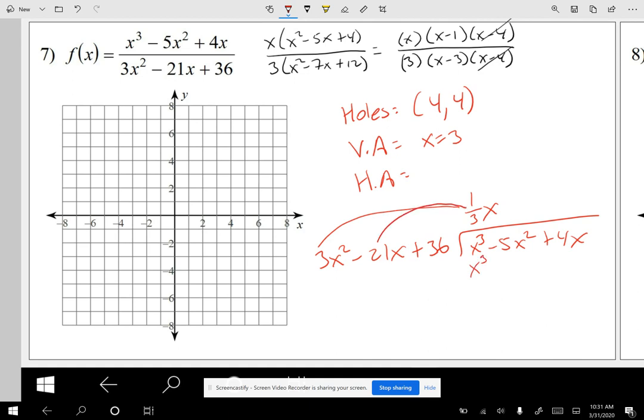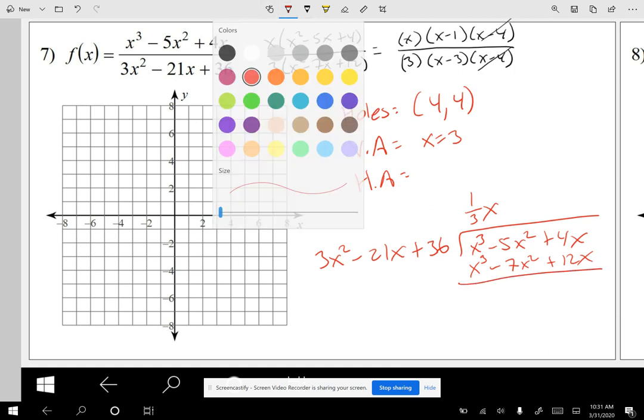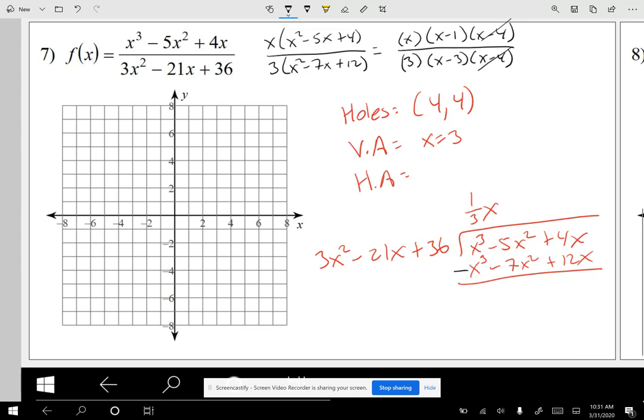Now here, negative 21 times 1/3 gives me negative 7x squared. 36 times 1/3 gives me plus 12x. Remember long division, I draw the line, change the signs. So this is minus, this is plus, this is minus. First term cancels out. So it's going to give me 2x squared minus 8x.